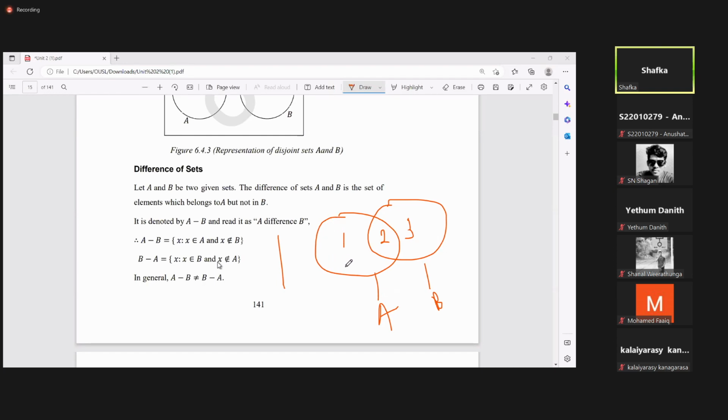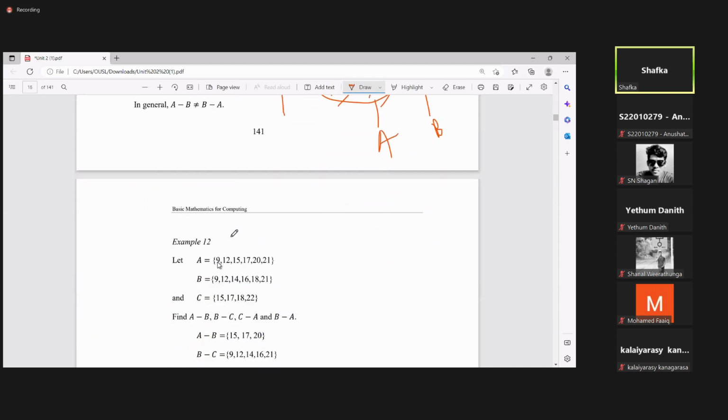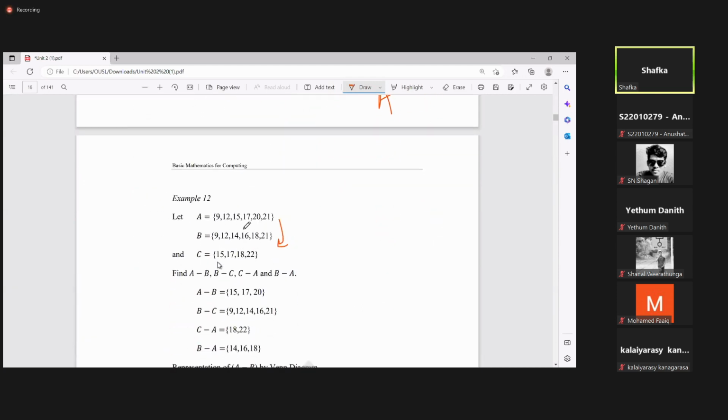In the difference set, it should be in A and not in B. Okay? It should be in A and not in B. So, this should be the correct region. And remember that we can see in some answer scripts, students are writing, if we have these two sets, they are getting the difference as 9 minus 1, 9, 12 minus 12, 15 minus 14, likewise, they are getting the difference of each and every element.